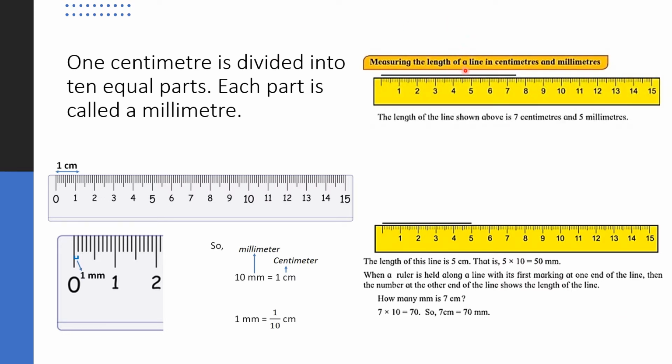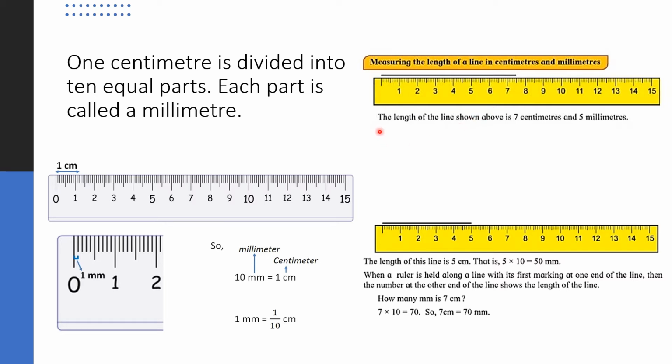Measuring the length of a line in centimeter and millimeters. Now your line is given and we will start from 0. One end of the line we will start from 0 and see where the other end of the line ends. Here after 7, there are 5 small lines.